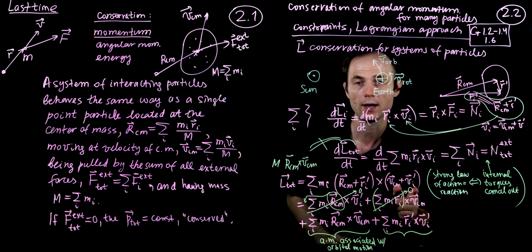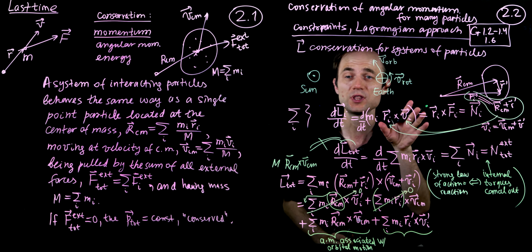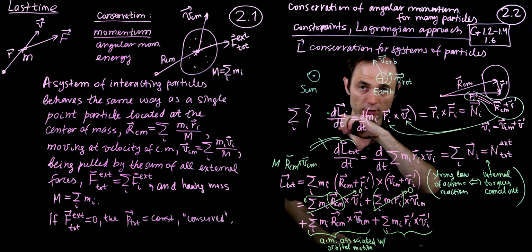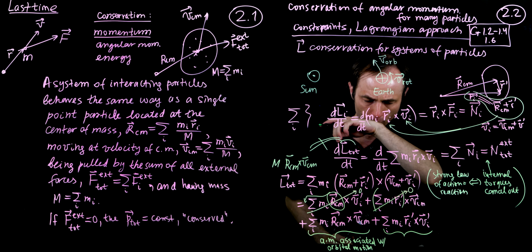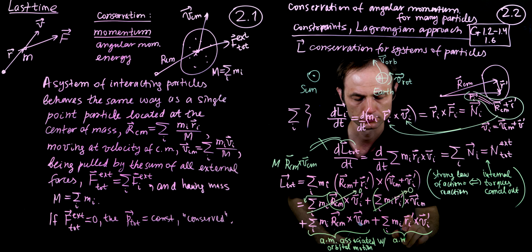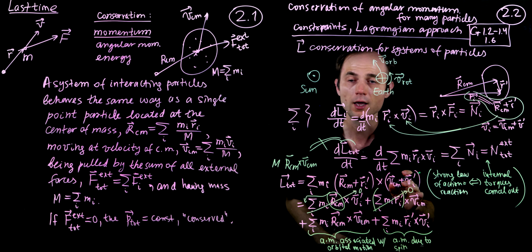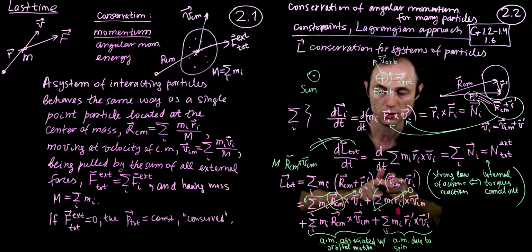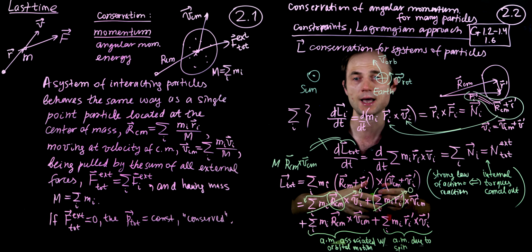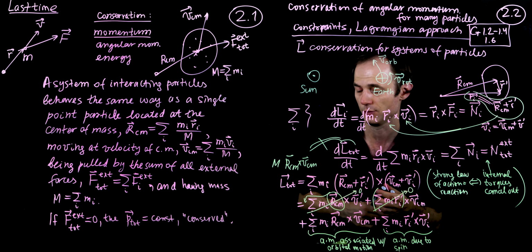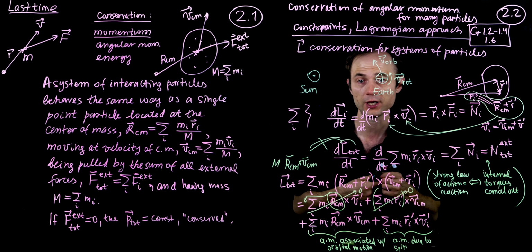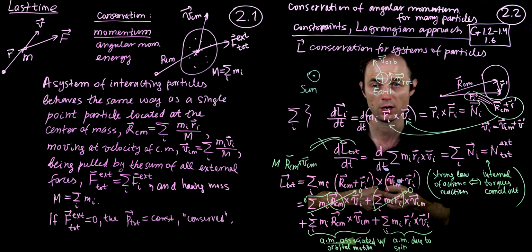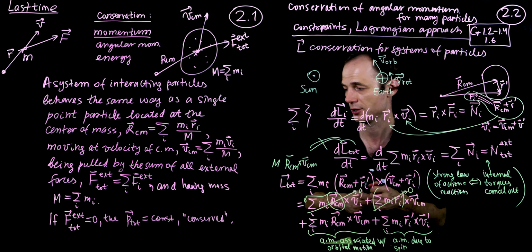This term, however, is associated with the internal spin of the Earth. And it is this new component that we really have to be careful and mindful about in order to make sure that we correctly compute the angular momentum of the system.